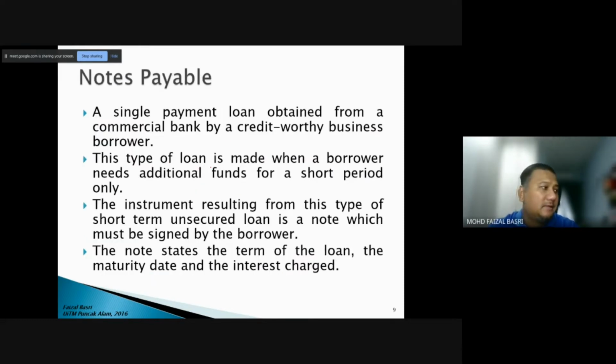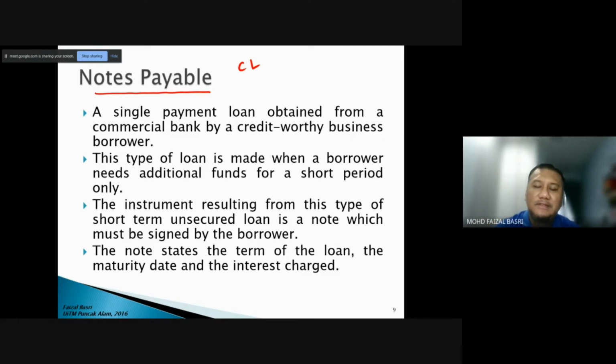So notes payable. This one you always see in the statement of financial position as one of the current liabilities. It is a single payment loan obtained from the commercial bank. So meaning you as a company borrow money from the bank, and the bank will give you one single payment loan.